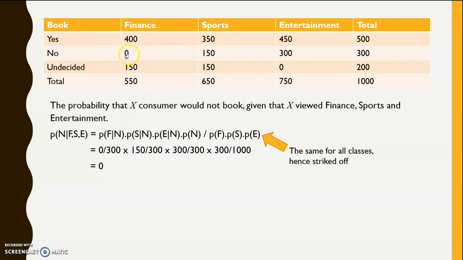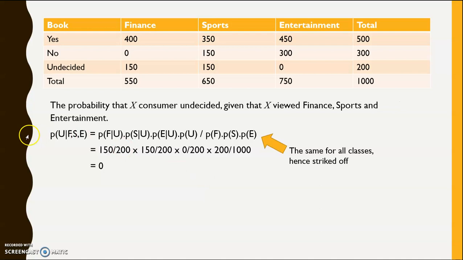So here we take 0 divided by 300, and so on and so forth. It's also the same for undecided.